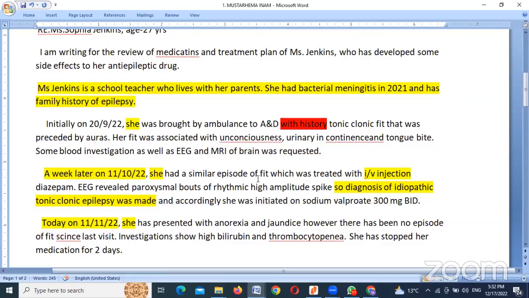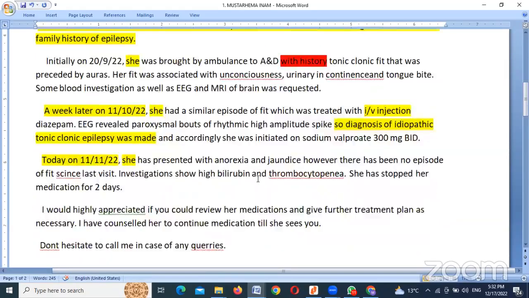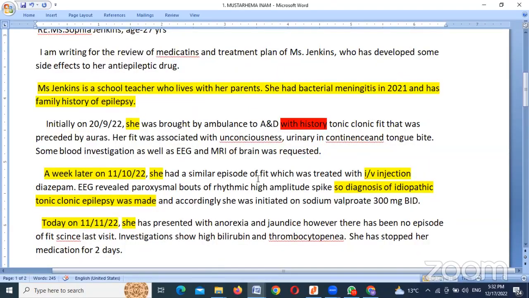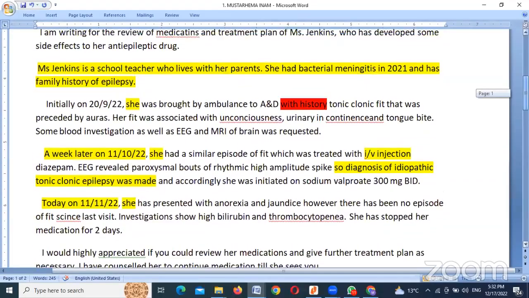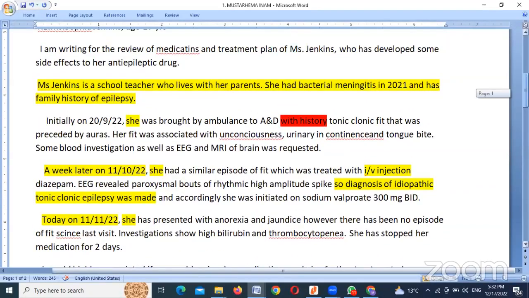Overall, doctor, your letter is good. Just need a little bit more improvement to get a clear B. Now you are at the borderline, like 340, 350, like this, at the border. So you need a little bit more improvement.